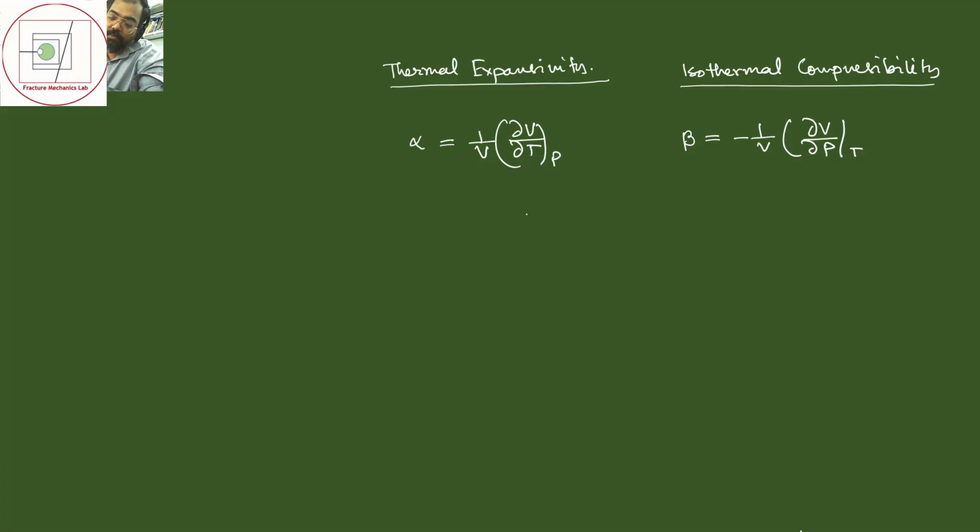And now let us take internal energy. But before taking internal energy, let us also understand the definition of what is known as specific heat. Specific heat is represented by symbol C, and it is the change in heat per unit change in temperature.